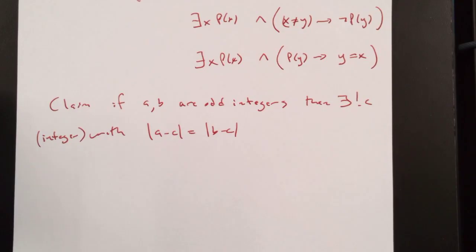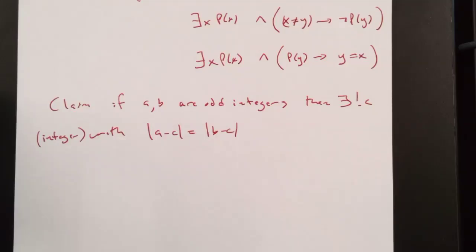Intuitively, pick two odd numbers. Let's do an example or two before we say whether or not we think this works. Pick two odd numbers. 9 and 7.